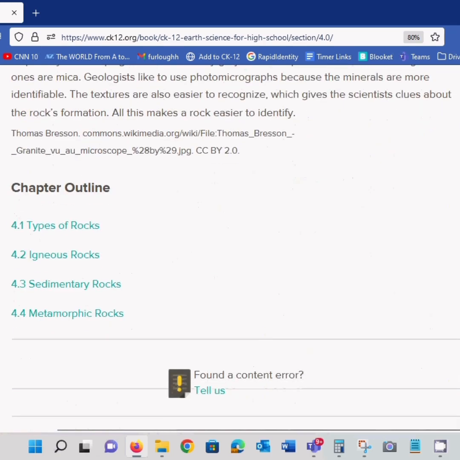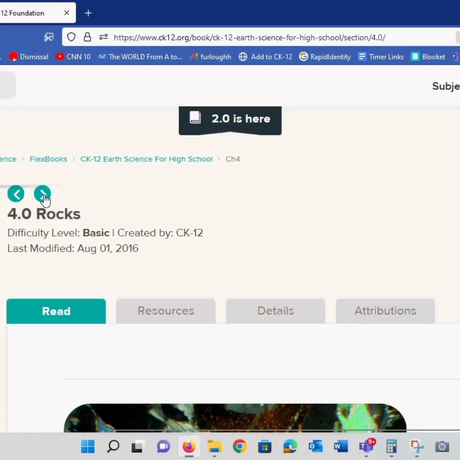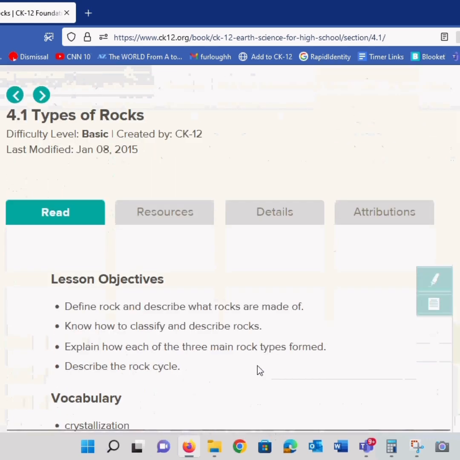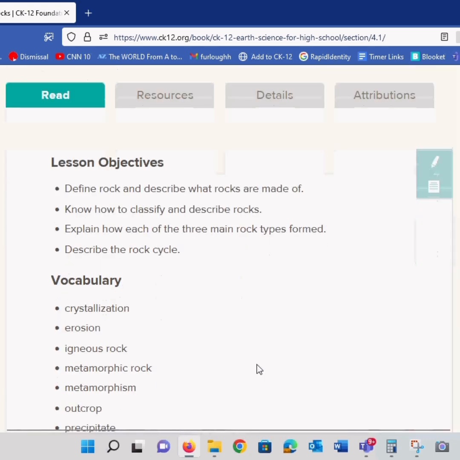Chapter outline: 4.1 Types of rocks, 4.2 Igneous rocks, 4.3 Sedimentary rocks, and 4.4 Metamorphic rocks. We're going to go to 4.1 Types of rocks. Lesson objectives: define rock and describe what rocks are made of. Know how to classify and describe rocks.